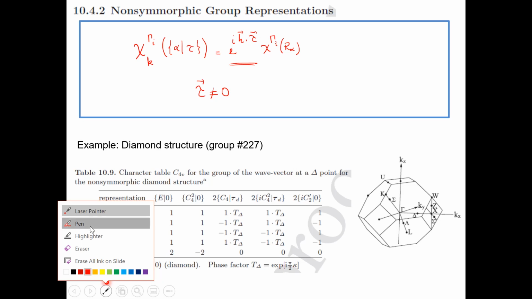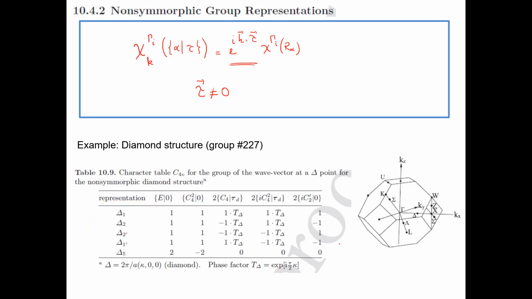In this case, tau d is the translation that takes one atom from one sublattice in the diamond structure to the other sublattice. So it's a over 4 times 1 1 1. This is the translation vector, tau d. And you see that for those compound operations, for instance, for this one and for this one, in which you have to make a translation, you see this phase factor here in the character table.